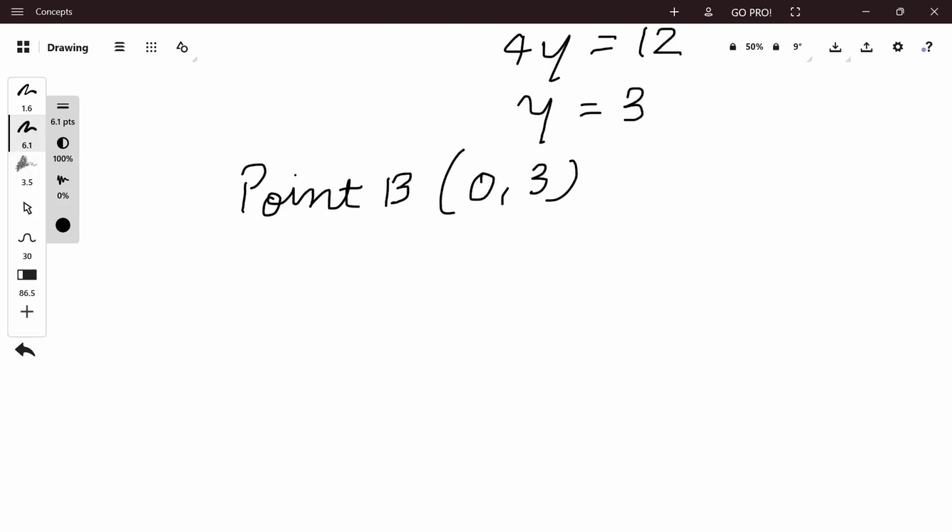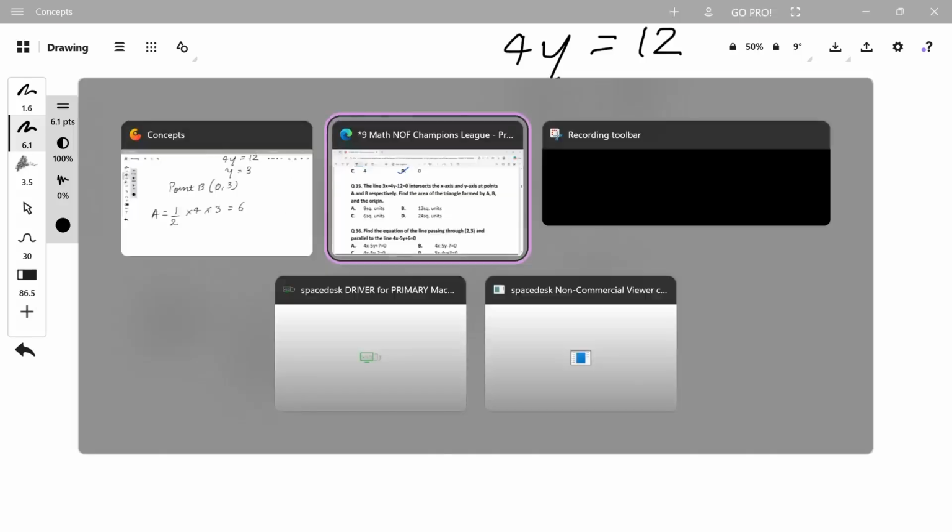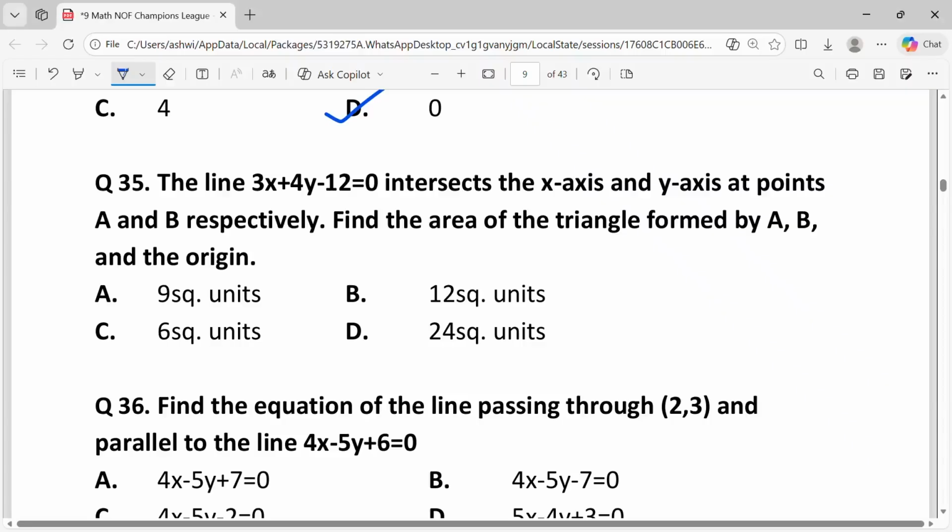The triangle is a right angle triangle with vertices at the origin (0, 0), A (4, 0) and B (0, 3). The base is 4 units and the height is 3 units. So area is equal to 1/2 × base × height, that is 1/2 × 4 × 3, which is equal to 6 units. Comparing with the given options, the answer is C, 6 units.